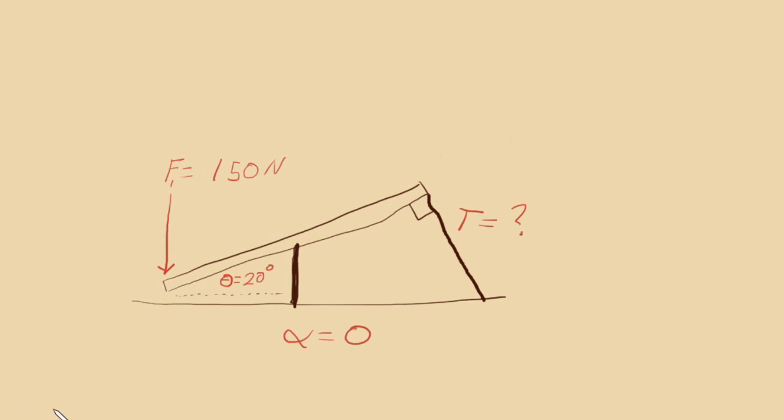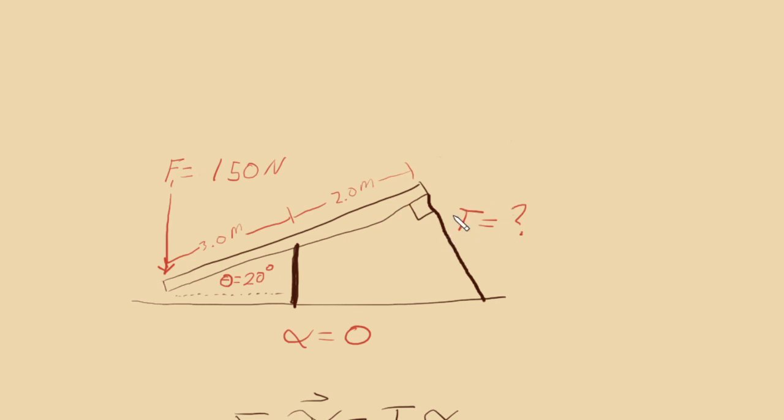This seesaw is a little different because we're going to give it different lengths. On the left side of the seesaw it will be 3 meters, and on the right side 2 meters, just to make the problem a little more interesting.